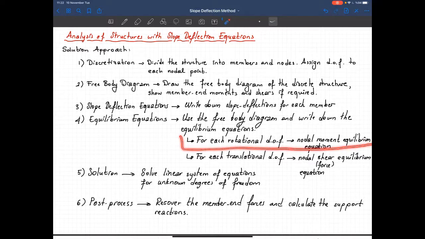We solved a problem where we have only rotational degrees of freedom, and if you go back to these example problems, you will see that I use nodal equilibrium equations. Now, my next example will be a simple structure where we have both rotational and translational degrees of freedom. And for each translational degree of freedom, you will see that we will be using a shear equilibrium equation written at a node.